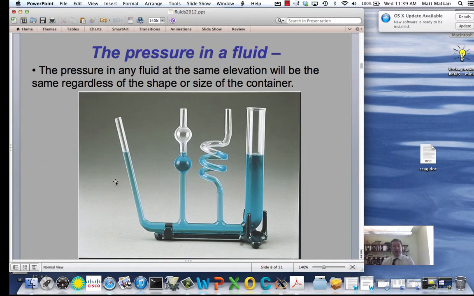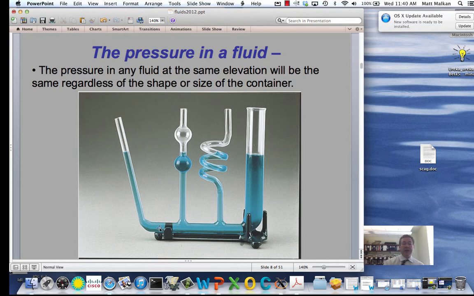Now, just to see that that works, that it doesn't depend on the area, it doesn't depend on the cross-section, doesn't even depend on the shape of the container. Here's a classic example. I'll try to do this one in class. Suppose I pour water, actually it's with some blue dye in it, so it's all a uniform density of liquid, and I pour it into complicated containers which are all connected at the bottom here.